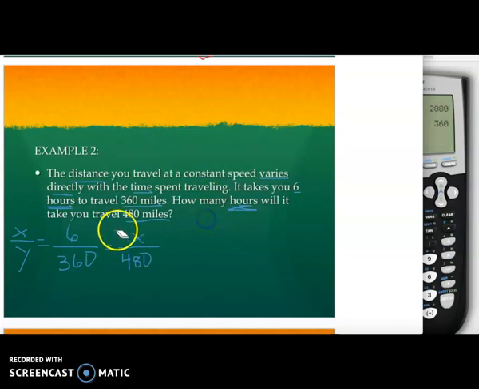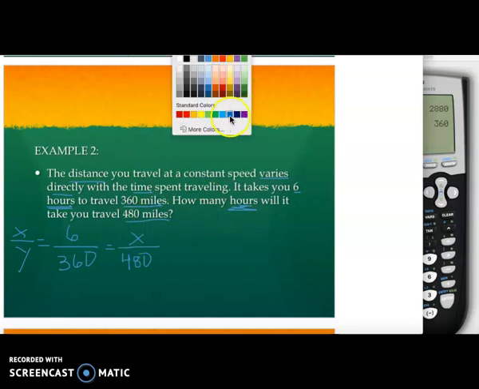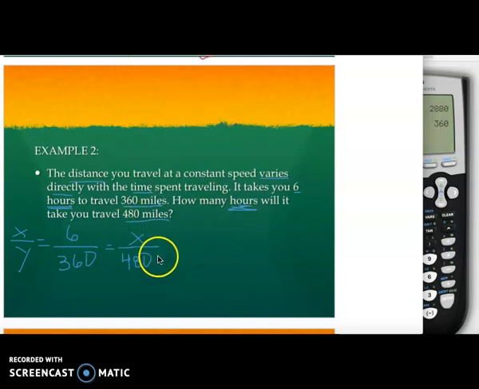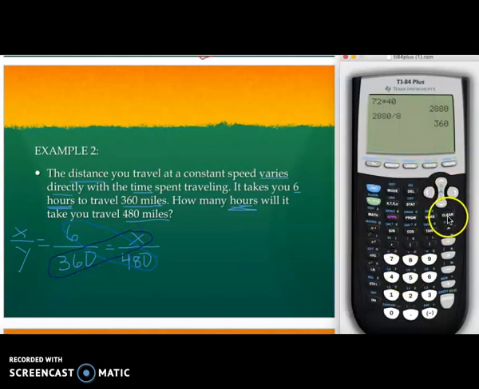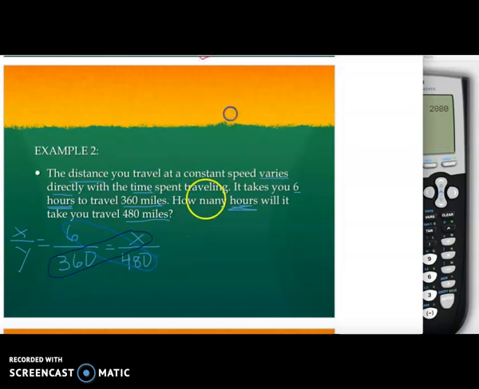So what are we going to do to solve for x? The exact same thing. We are going to cross multiply 6 times 480, and we're going to cross multiply 360 times x. So let's look at our calculator. 6 times 480 equals, hey, that's the same number from before. 2,880.